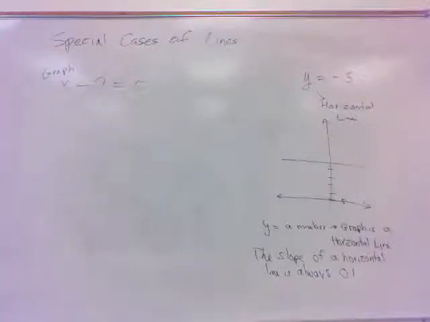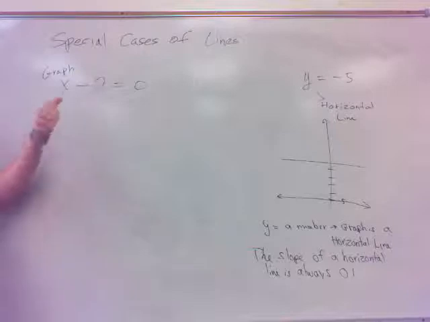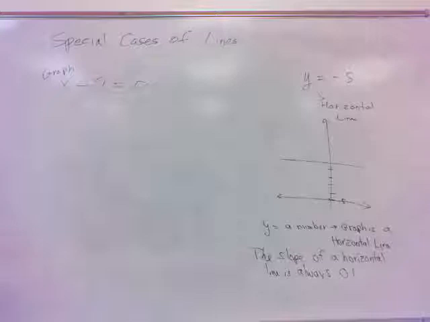Well, that is also one of these special case lines because notice here it doesn't have a y variable. However, it's not quite what we were just doing, because what we were just doing was y equals a number, x equals a number. This is x minus 7 equals 0. How can I adjust that?